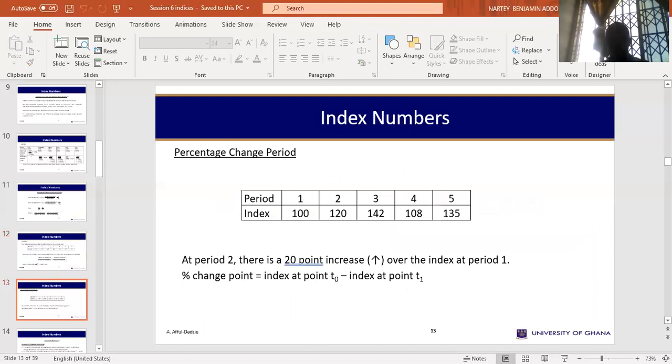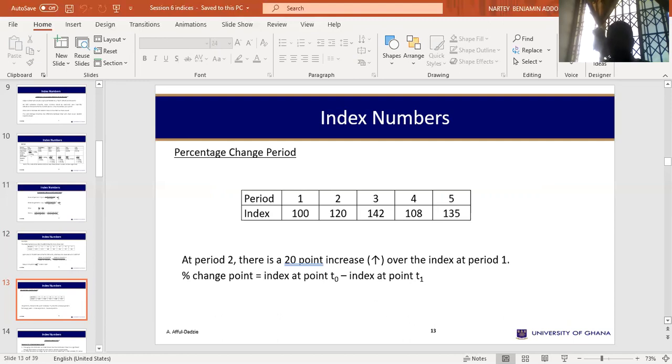Okay. Now, percentage change period. Here we have 5 periods, and their indexes are also provided. At period 2, for example, there is a 20-point increase over the index at period 1. You can see that period 1 is 100 and period 2 is 120. So the increase is 20.